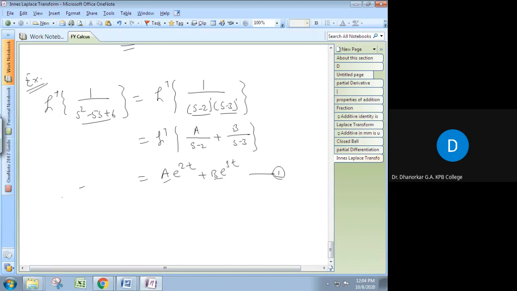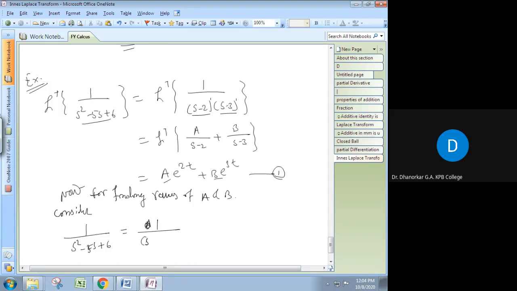For finding the values of a and b, we consider 1 divided by s square minus 5s plus 6, which is equal to 1 divided by (s minus 2)(s minus 3), equal to a divided by s minus 2 plus b divided by s minus 3.